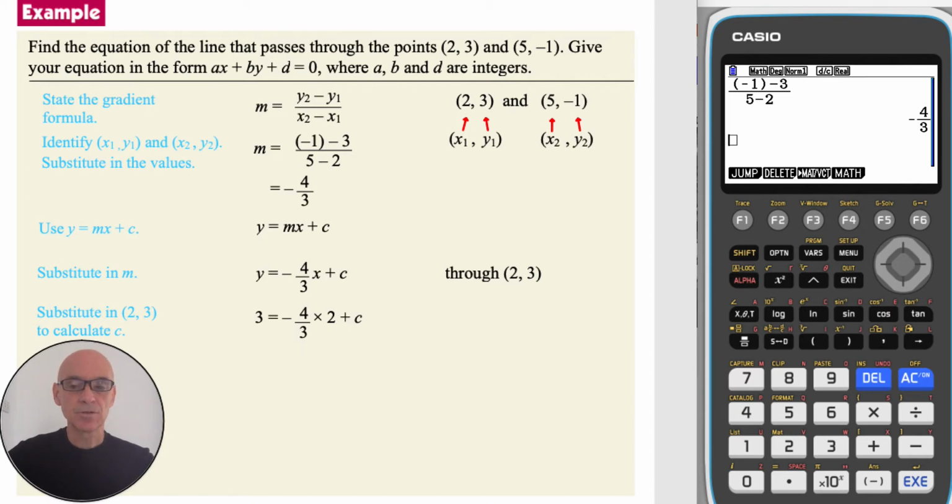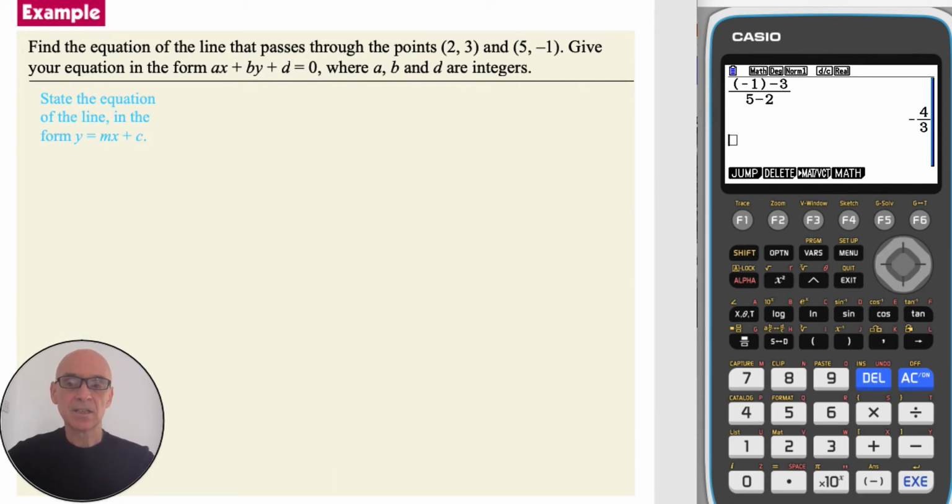I've chosen to use the point 2, 3 to give an equation in c, the y-intercept. Solving the equation gives c equals 17/3. Now stating the equation of the line in the form y equals mx plus c.